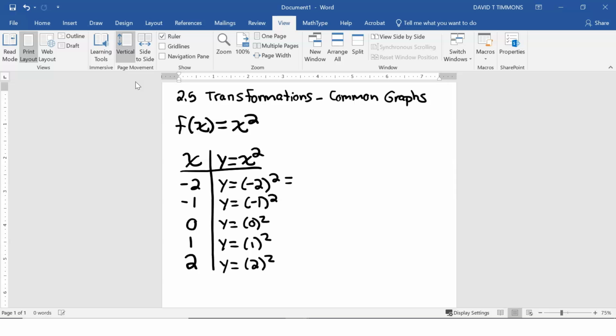And now, of course, I can evaluate these y values. This will be positive 4, 1, 0, 1, and 4.